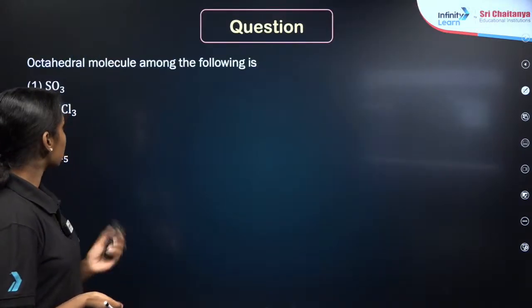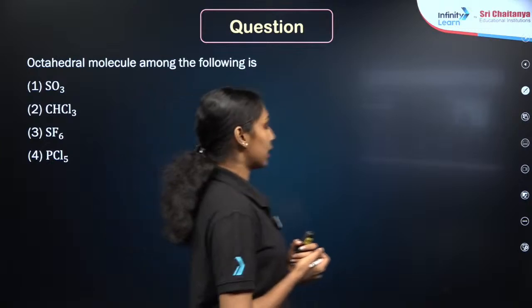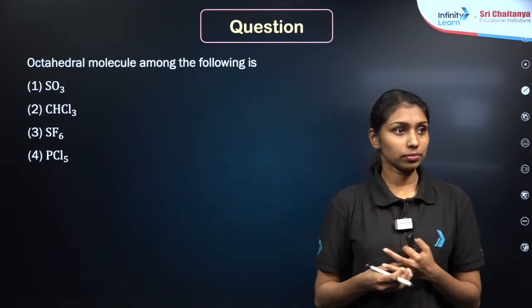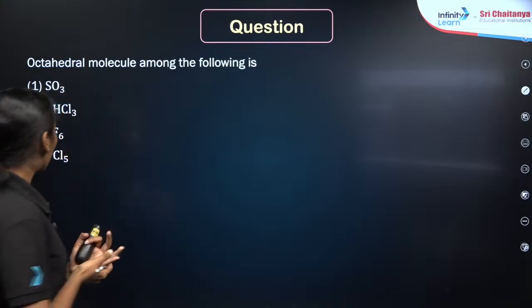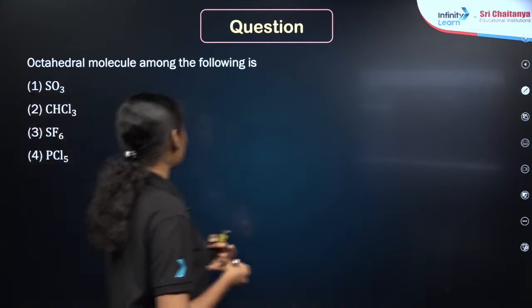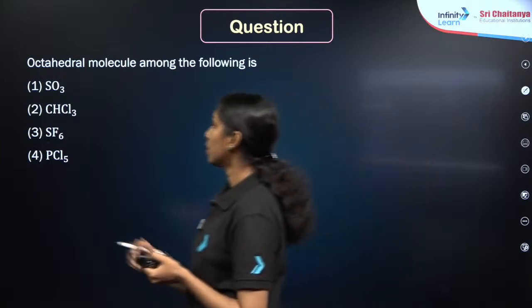Now, here are some practice questions for you. The first question is, the octahedral molecule among the following is? Options are given here. First one, SO3, CHCl3, SF6 and PCl5.